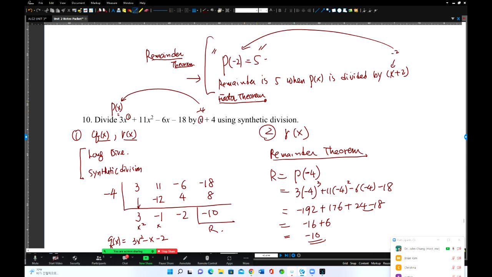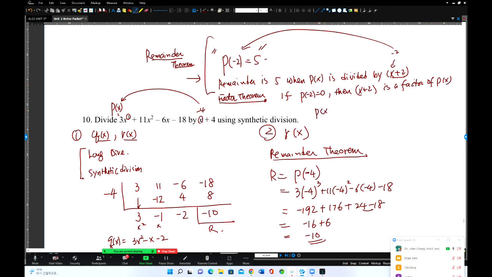The factor theorem: when you put in negative 2 and the remainder is 0, that is, if P of negative 2 equals 0, then x plus 2 is a factor of P of x. That's the meaning.